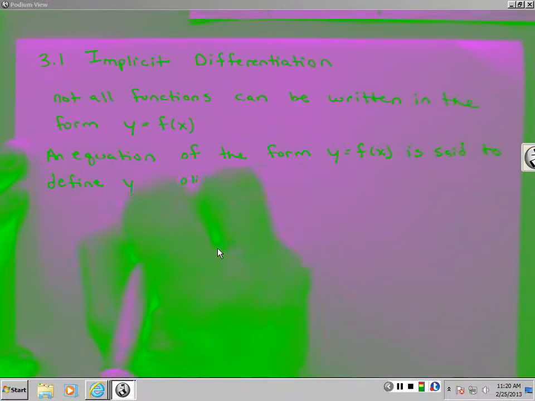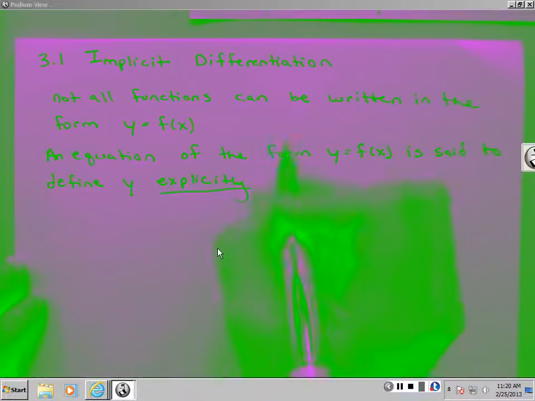And notice I didn't say function, I said equation. Because not all equations are functions. But when an equation passes the vertical line test, it becomes a function, right? So we'll talk a little bit about being able to solve for y explicitly.